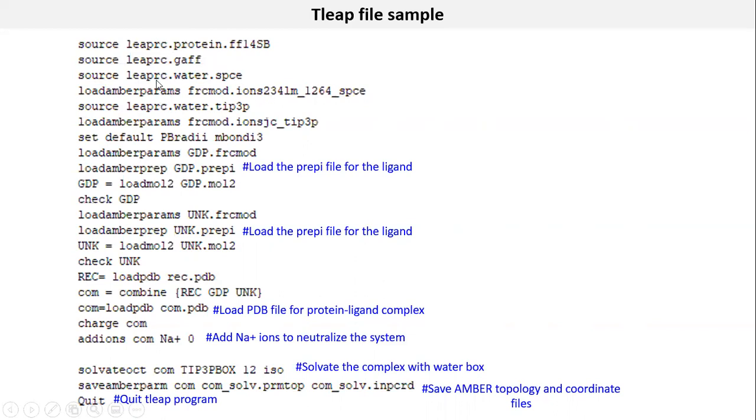After that, this tells Amber to please load the water and ion parameters. These are the parameters for the ions and the waters. This is for the ions. We need to load the parameters for the ions so that Amber can recognize them.